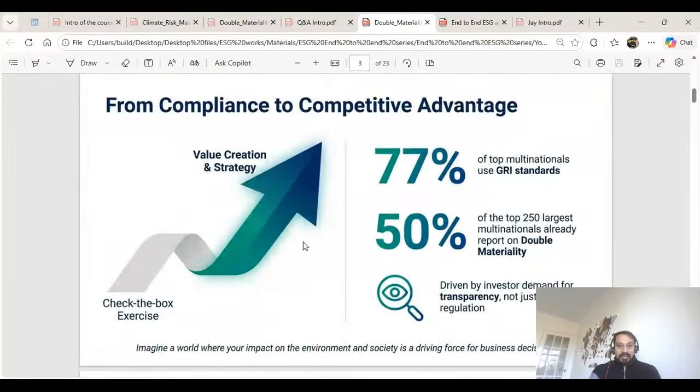So this is from compliance to competitive advantage. Double materiality is moving from reporting to strategy. Historically, sustainability reporting was treated as a tick-box exercise, but today over 77% of top multinational companies already use the GRI.